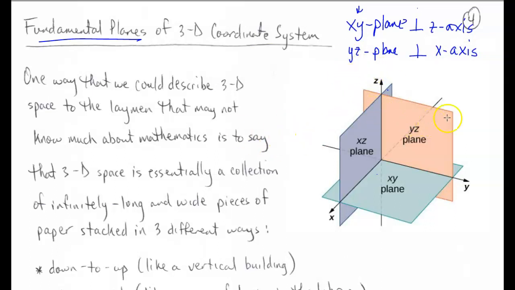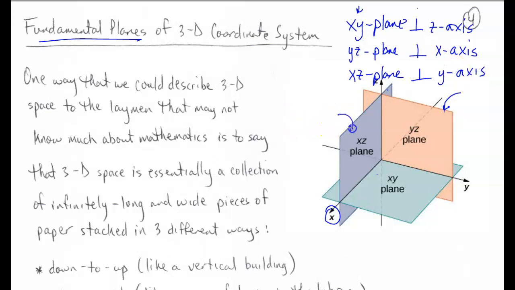If we look at the yz plane again here, we know the yz plane is vertical, and we want the axis that is going to intersect it horizontally. And of course, the x-axis is that axis, so that makes sense, okay? And of course, the xz plane should be perpendicular to the y-axis.